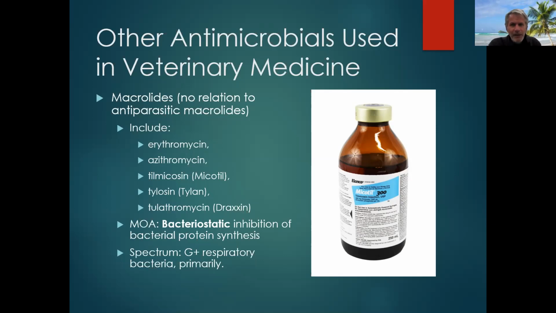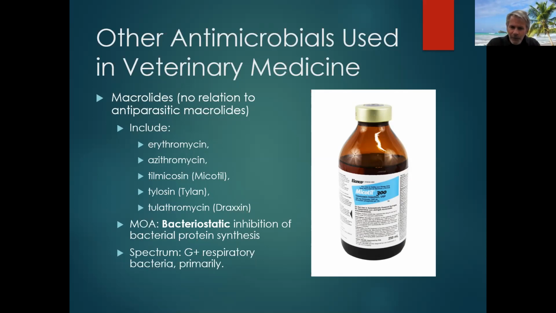Gentamicin would be an aminoglycoside. Amikacin is an aminoglycoside, but these are not those. These are macrolides. Anyway, they're bacteriostatic, yada, yada, yada. They inhibit bacterial protein synthesis. These guys are really great at respiratory bacteria that are gram positive.